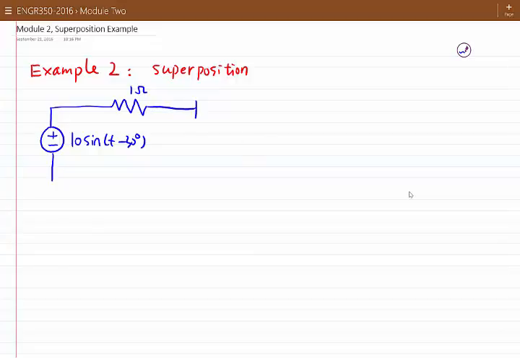It is connected to a capacitor of 1/6 farad, and we have another resistor of 2 ohm. So it is connected to a DC voltage source, minus plus 24 volt.